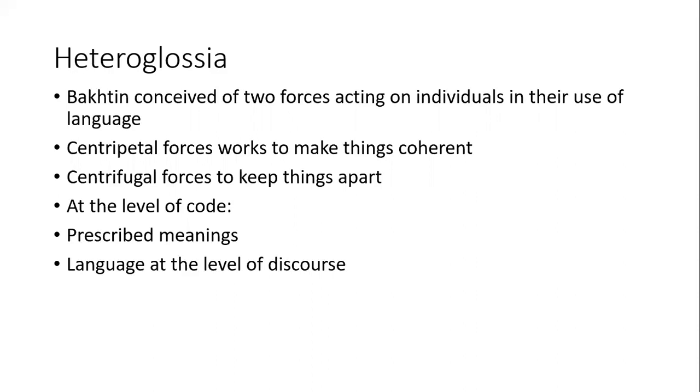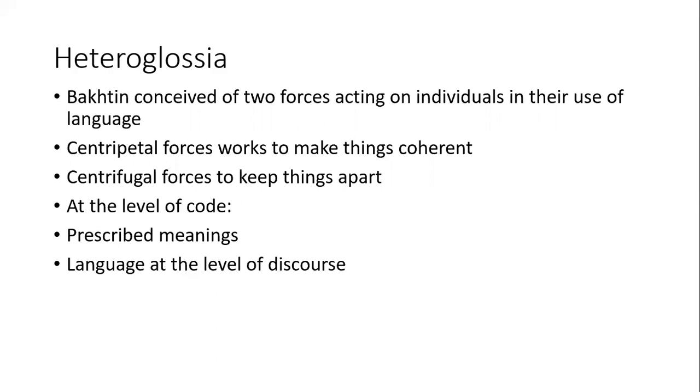And at the level of code, what is meant by the other level? It is between the language at the level of code, that is the level of prescribed meaning, and the level of discourse.